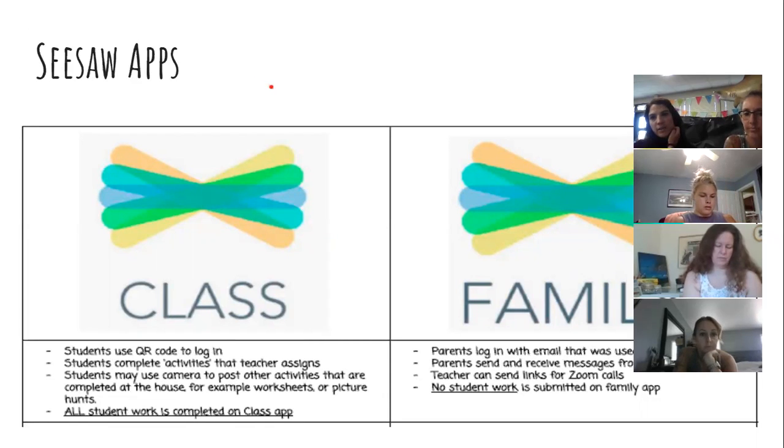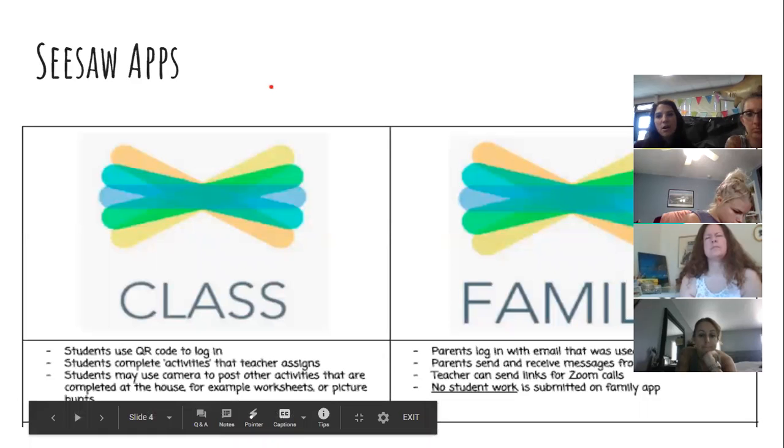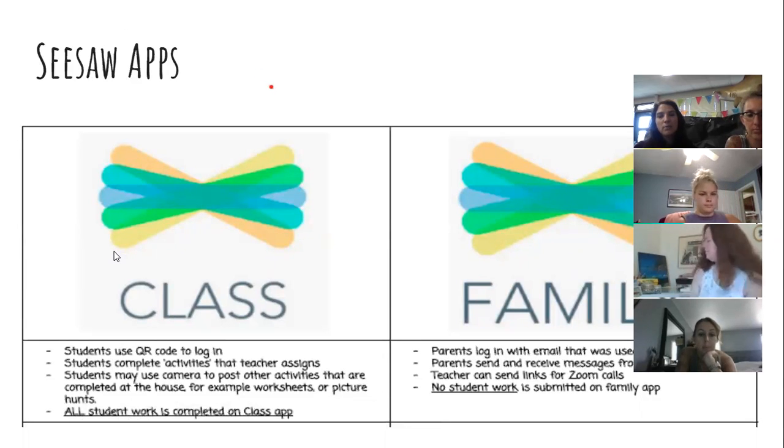There's two different Seesaw apps to access Seesaw, I guess I should say. So there's Seesaw Class and then there's Seesaw Family. So Seesaw Class is what you would put on your iPads at school, put on your phone.